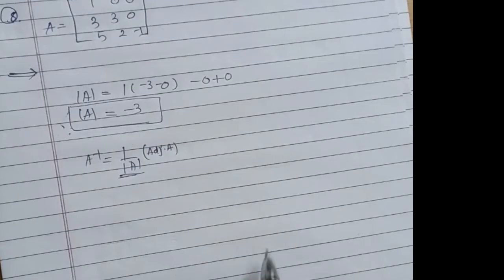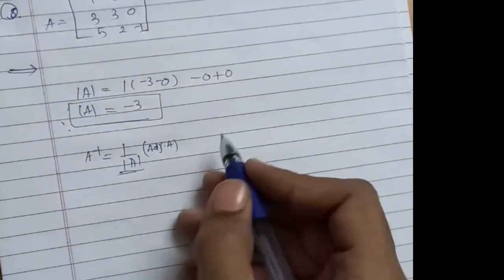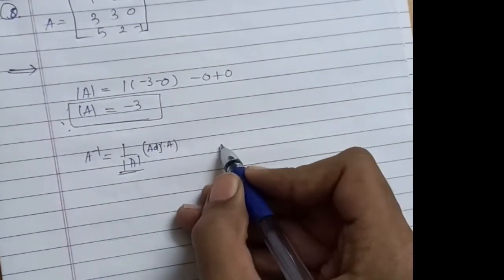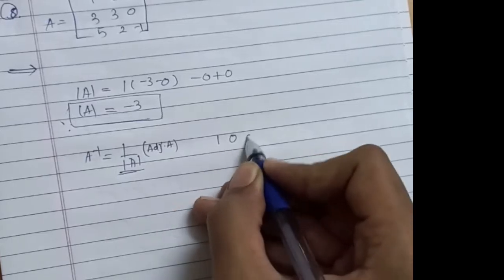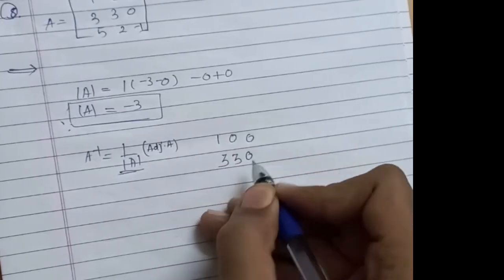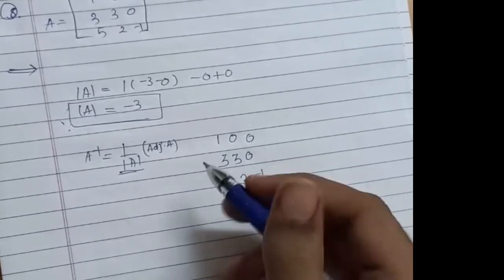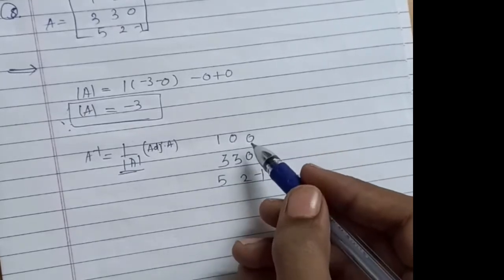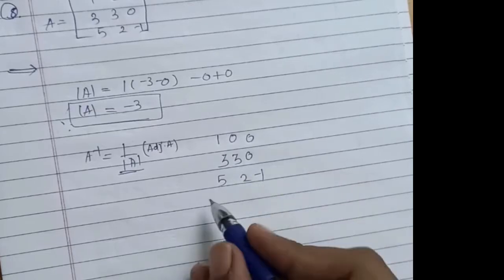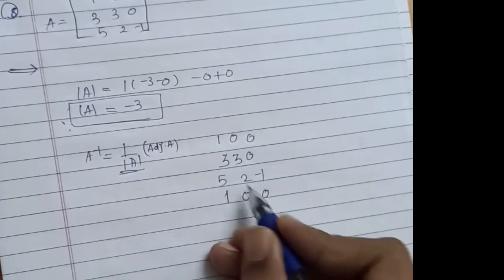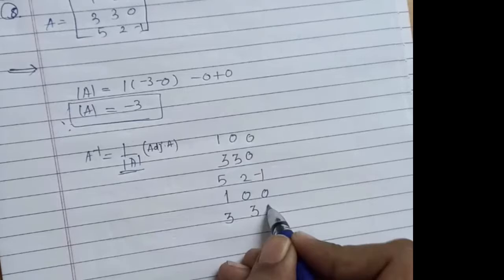In order to find the adjoint of A, we first write the matrix as it is: 1 0 0, 3 3 0 and 5 2 minus 1. Afterwards we write the first two rows again, that is 1 0 0 and 3 3 0.